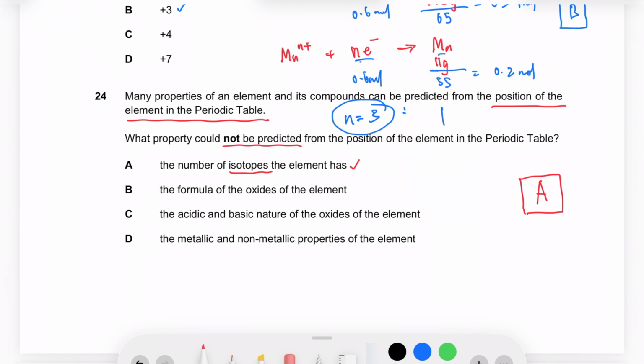The rest you can at least determine. Whether the formula is, by looking at which group it belongs to. Then acidic or basic nature, whether it's a non-metal or a metal. Metal will be on the left side of the periodic table, non-metal on the right side. And then D is very similar.